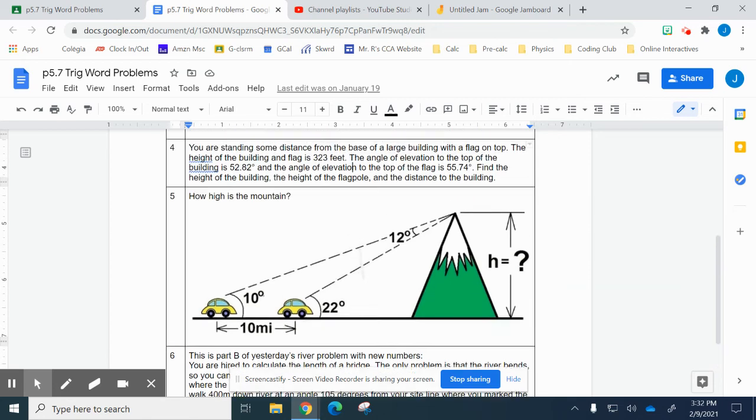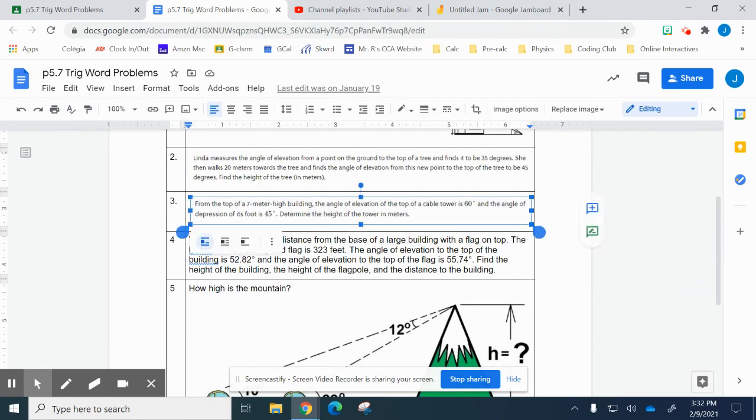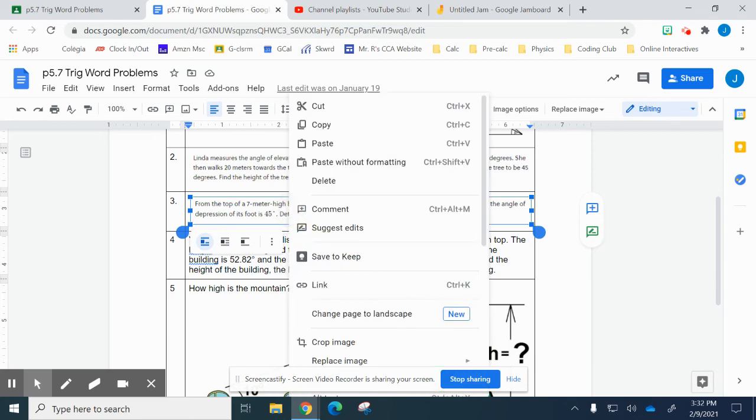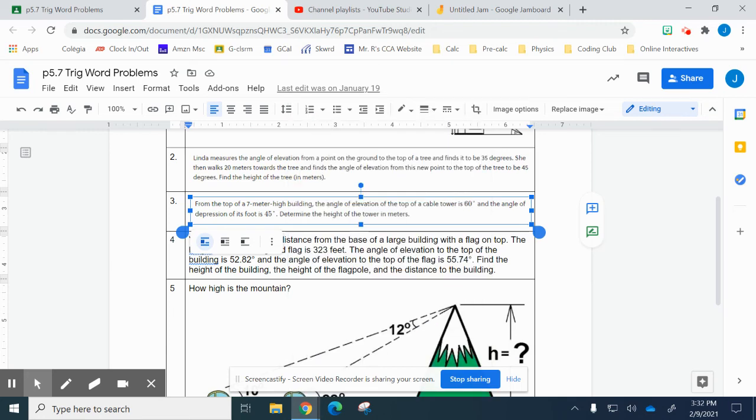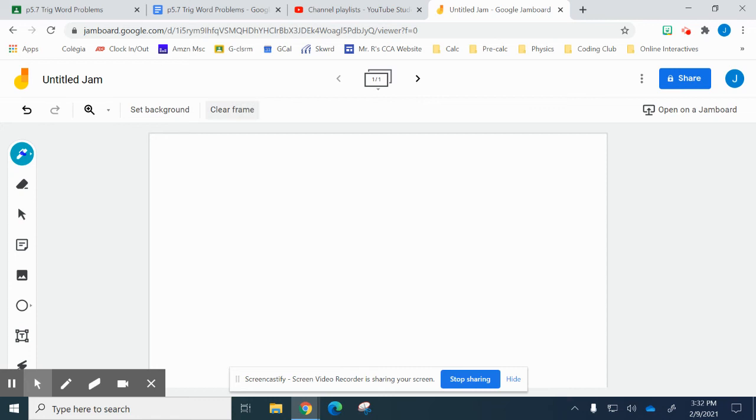Okay, let's see. I'm going to do 3 because it has an angle of elevation and depression. So we'll go back over here, clear that, and paste our new problem onto there. Hopefully we won't make this video too much longer because I know they can get long, but on the other hand, that's what needs to happen, right?